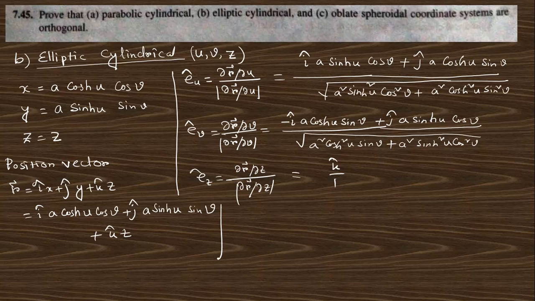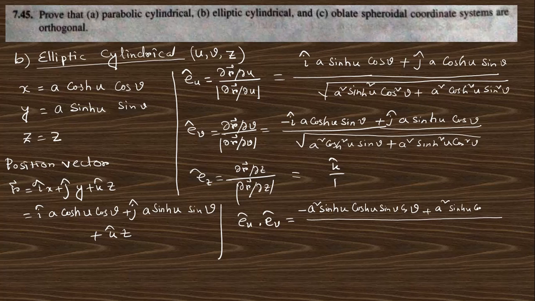Okay, so if you take the dot product e_u dot e_v, this product gives you minus a squared sinh u cosh u sin v cos v, and this product gives you plus a squared sinh u cosh u sin v cos v. This is similar with a minus sign, and the root under these two terms. The upper part cancels out, so this becomes 0.